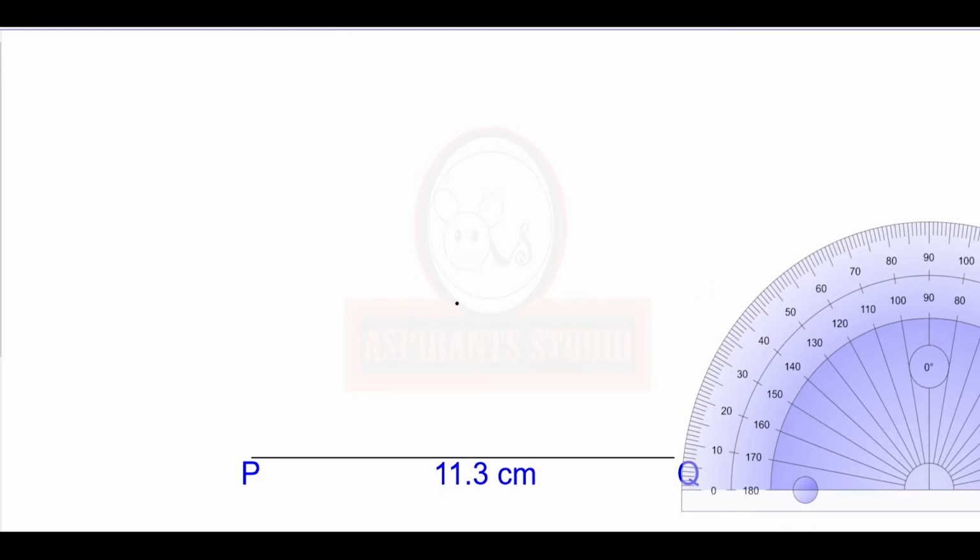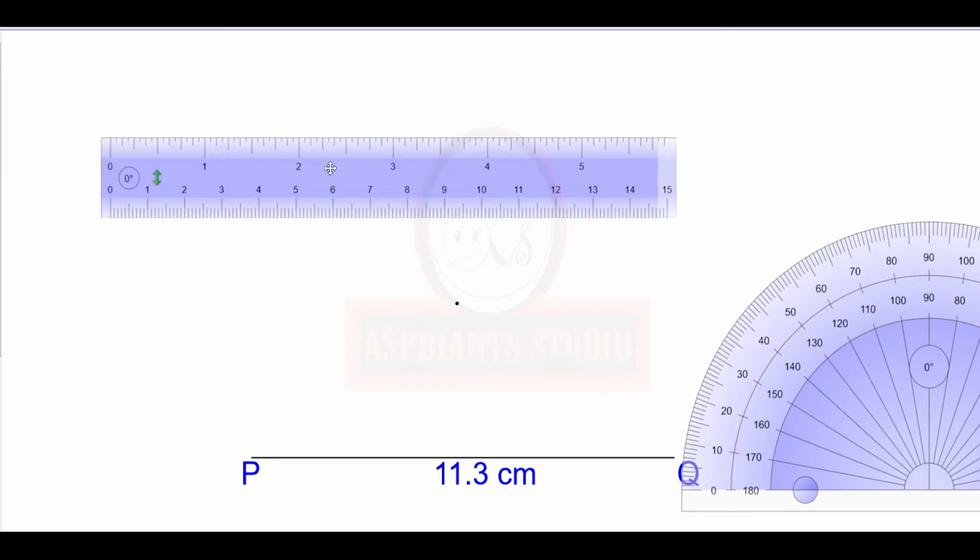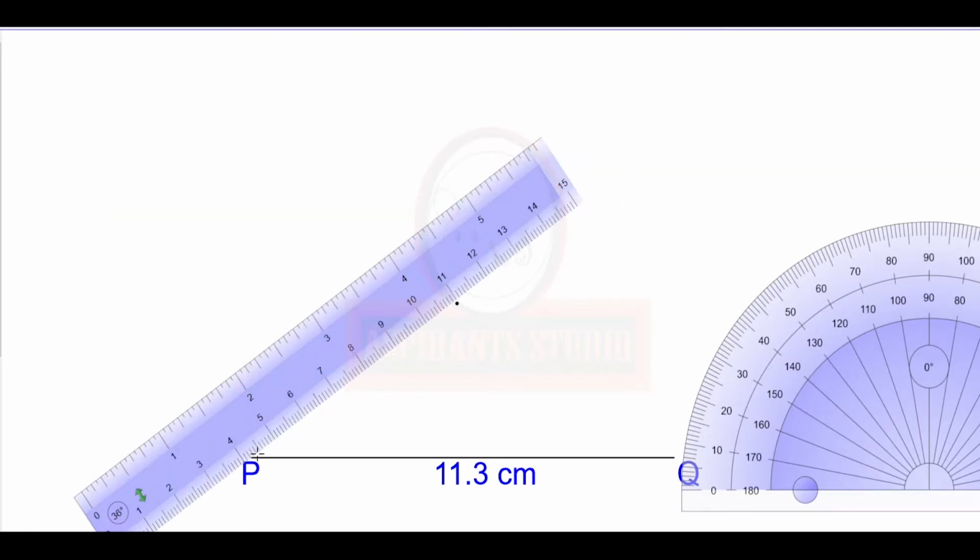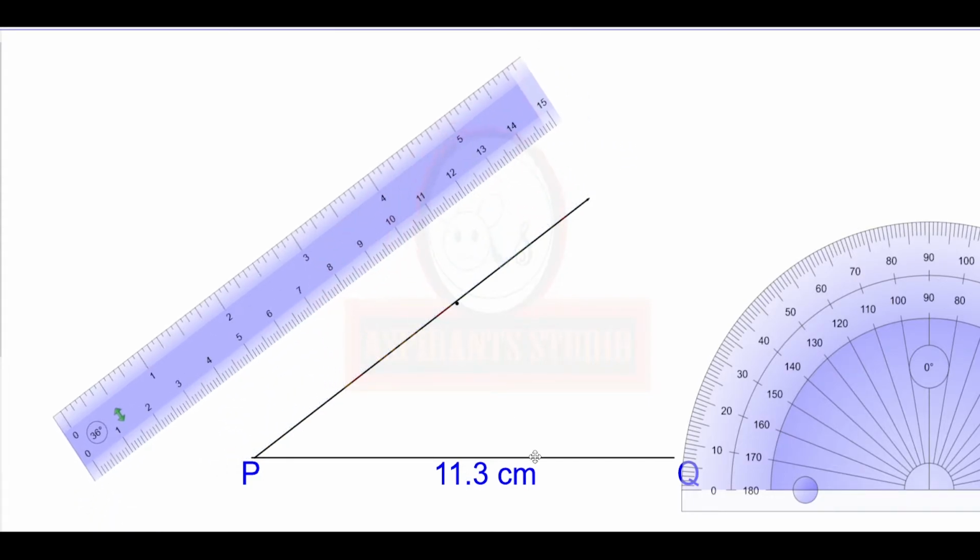Draw a ray making angle of 35 degrees at point P, and show the arrowhead for the ray. Show measure of angle P is 35 degrees.